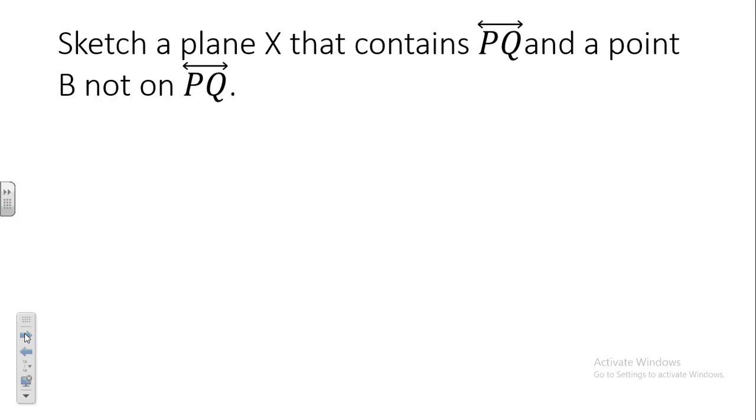That's good, Aubriana. Looks really, really good. But how do you make B not look like it's on that plane? B is not on the plane. Almost. To me, it looks like B's on that plane.